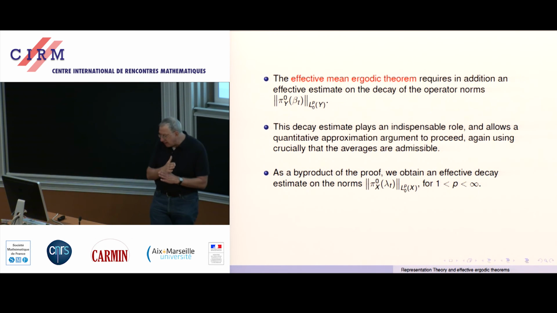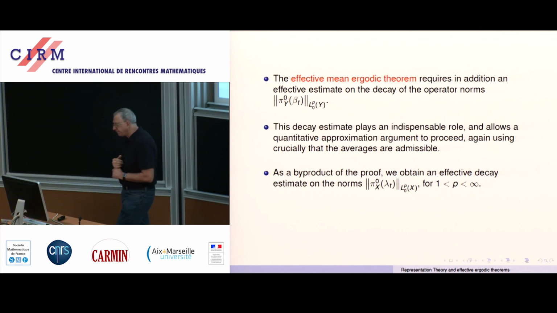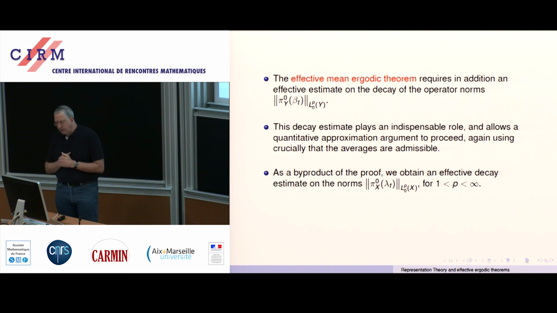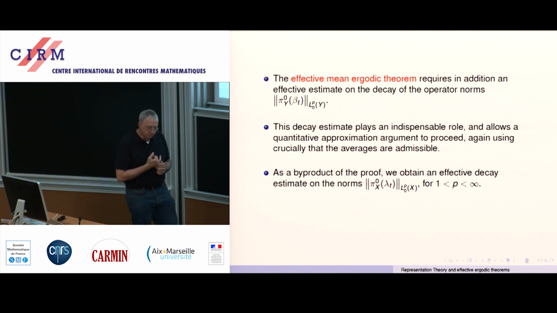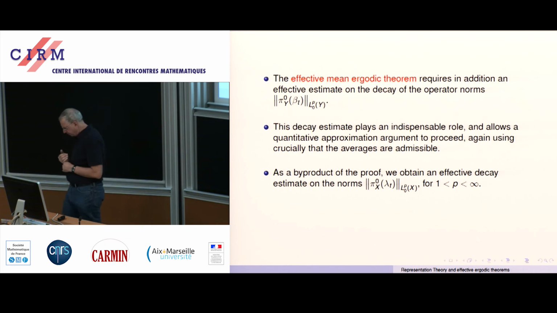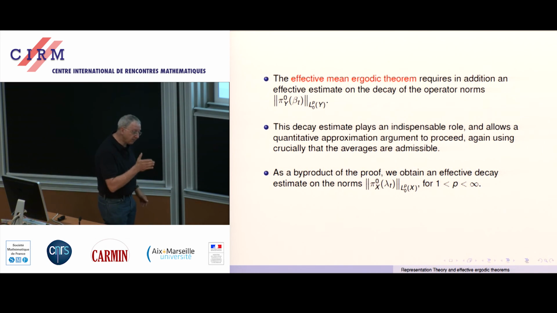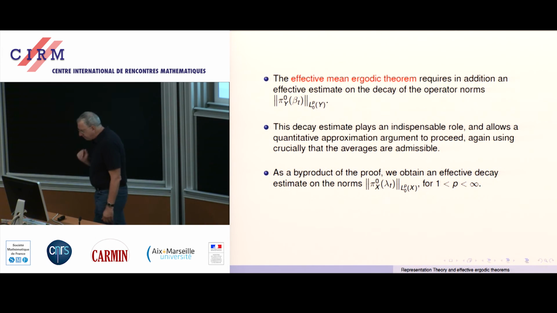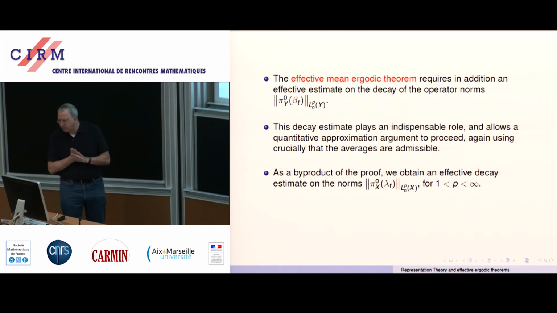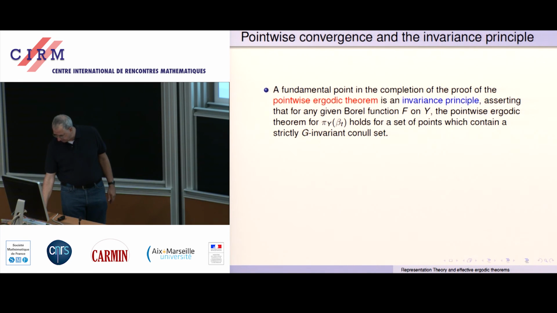In Lebesgue space, this is a problem. And this requires a certain invariance principle that you have to prove. And the invariance principle allows you to pass to arguing on a single fiber, essentially. But maybe I'm going to skip this because it's not so relevant to representation theory.